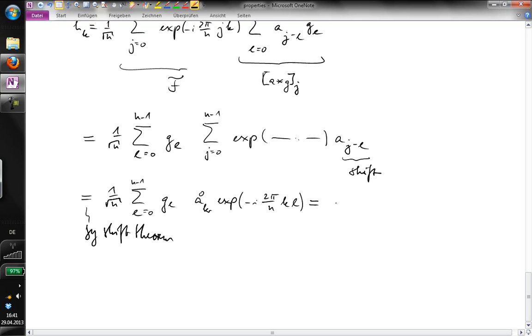Okay, that gives me something that no longer depends on L, so I can pull it out, and what I get is that I need to multiply with the Fourier transform of my signal.